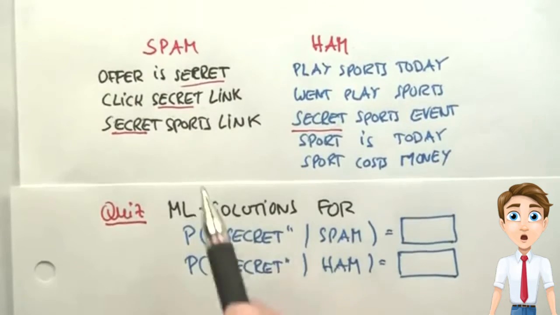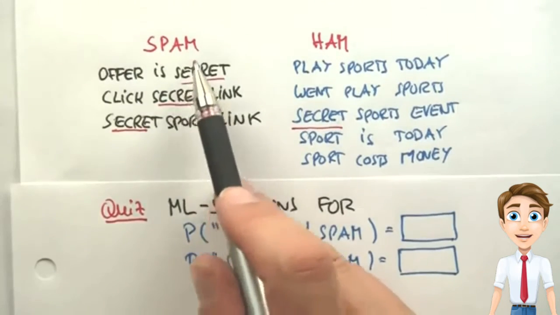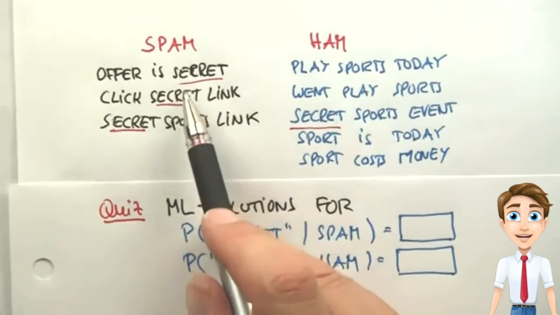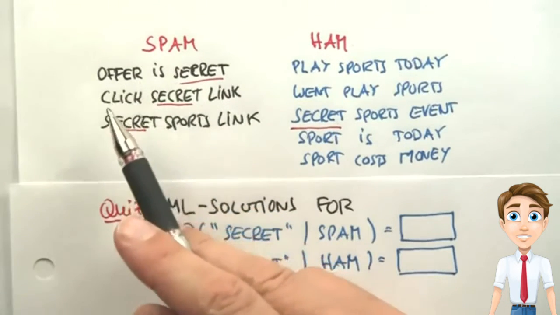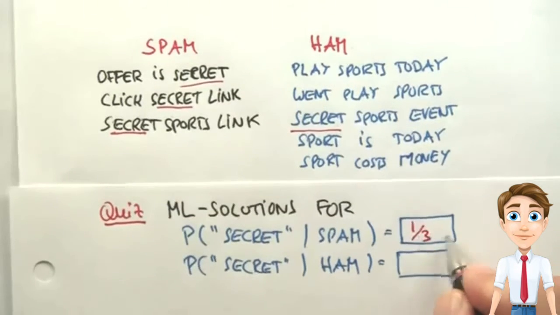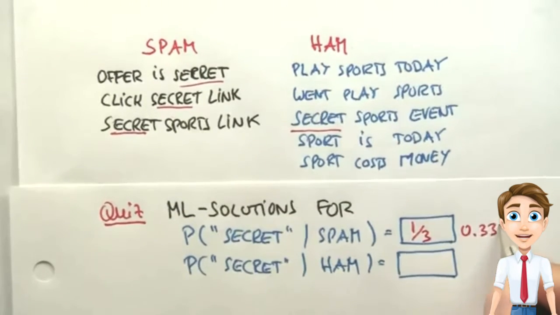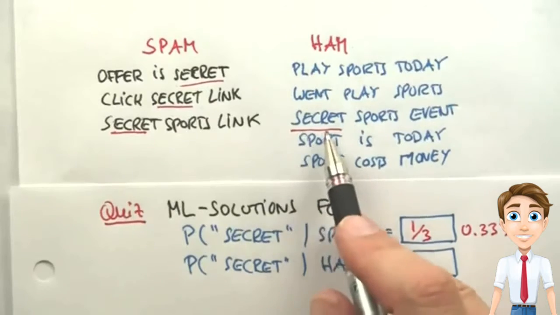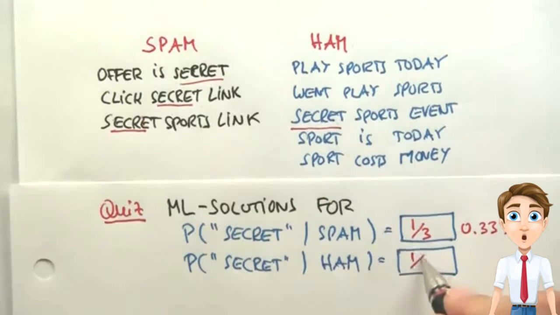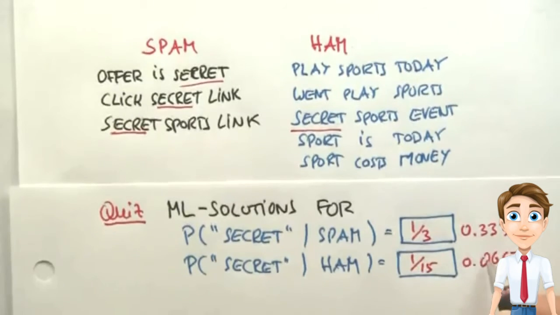And just as before, we count the word secret in spam and in ham, as I've underlined here. 3 out of 9 words in spam are the word secret, so we have a third over here, or 0.333. And only 1 out of all the 15 words in ham are secret, so you get a 15th, or 0.0667.